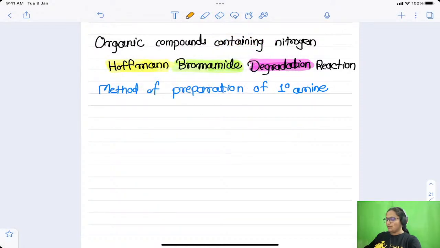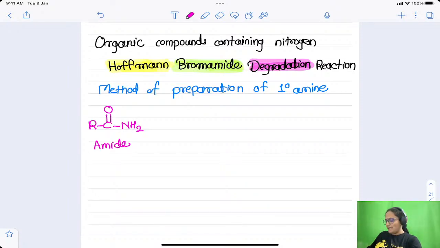So let us start with the mechanism of this reaction. First of all, I will write down the general reaction. The starting material for this reaction is R C double bond O, then NH2. This is nothing but an amide. What is the name of this functional group? This is called an amide.